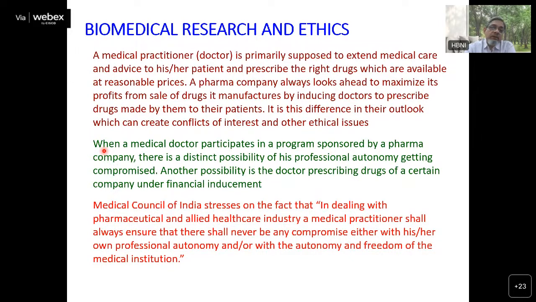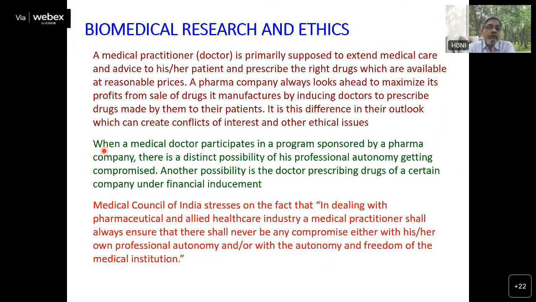Now, a pharma company which is making drugs always tries to maximize its profit from the sale of drugs. So what it does is it induces the doctors to prescribe the drugs made by them to their patients. This is the problem which can create conflict of interest and other ethical issues.